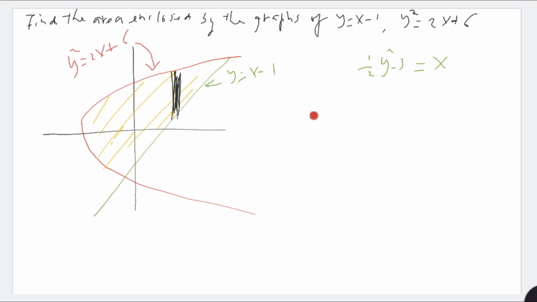Because if it's here, the bottom is on the straight line. If your strip is here, the bottom is actually on the red curve. So that's not good. So we're not going to use the vertical strip.